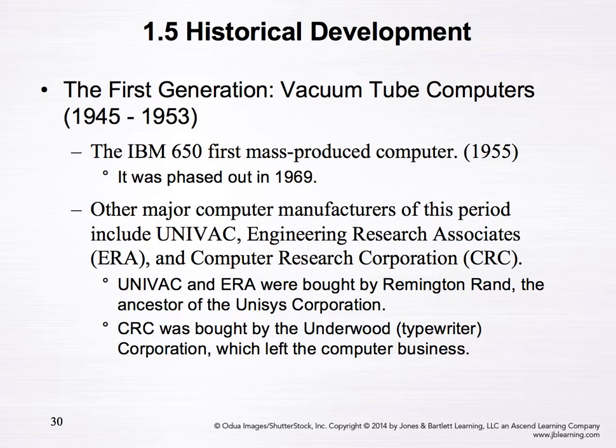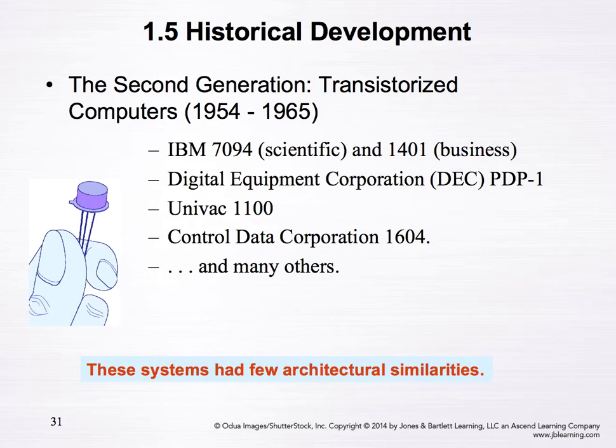Later on, UNIVAC and ERA were bought by Remington Rand, the predecessor of the Unisys Corporation, and CRC was bought by the Underwood Corporation, which left the computer business later on.